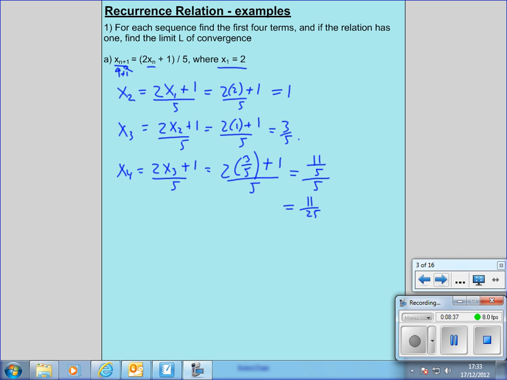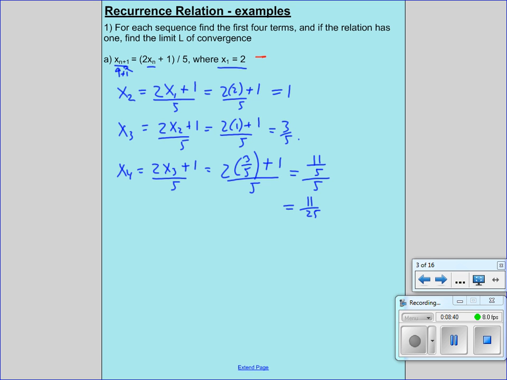Now you can see here that we started with x1 as 2, then we had a gap for x2 of 1. Now our gap between the second term and the third term is 2 over 5. And then here we've got another gap which is an even smaller gap. So what's happening is, as the terms go on infinitely long, the difference between each term is becoming smaller and smaller and smaller, until it's going to converge towards a limit.